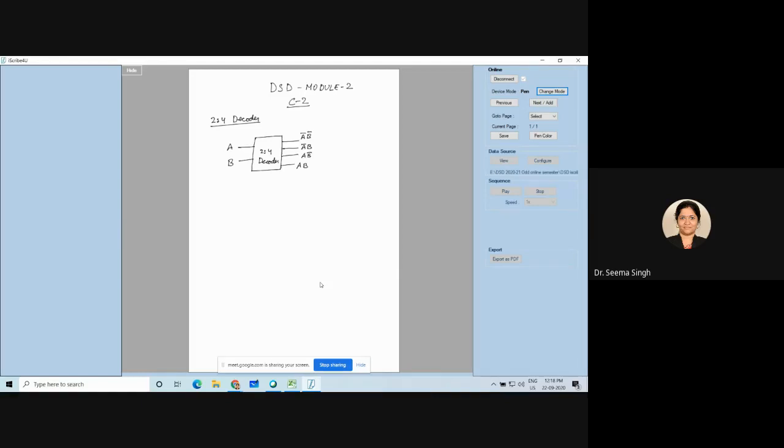Now I am asking you, the first question is to implement an XOR gate using a 2:4 decoder. Now what is the equation of XOR gate?